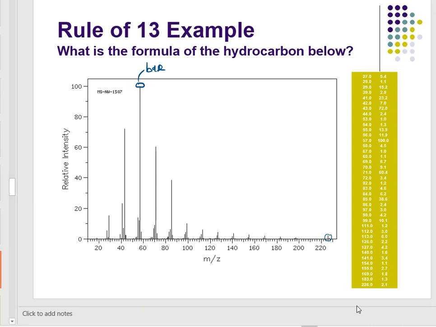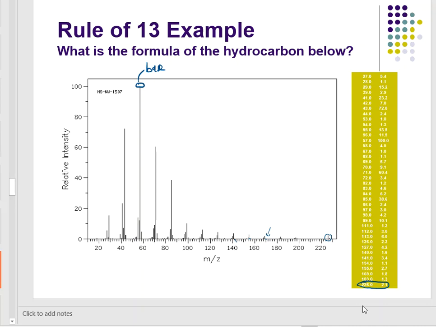It's not really an isotope peak. Something like this would be an isotope peak, that little tiny one right there, or that little tiny one right here, or this little tiny one right there. You can't even hardly see them. Well, over here to the side, I see, look at this, 226, and the intensity is 2.1.